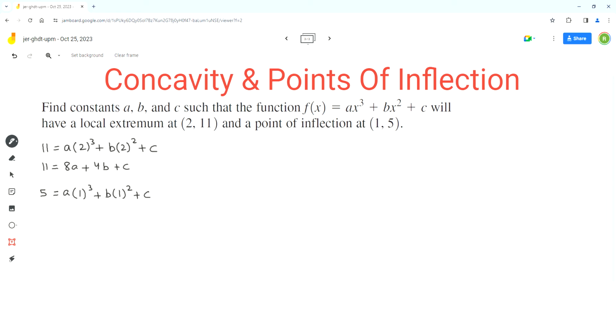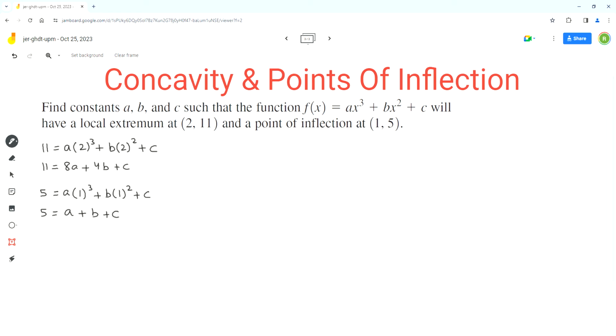Now we can simplify this equation. So 1 cubed is equal to 1 and a times 1 will just be a. 1 squared is 1 and 1 times b will just be b, plus c. So this is the second equation we get with a, b and c.